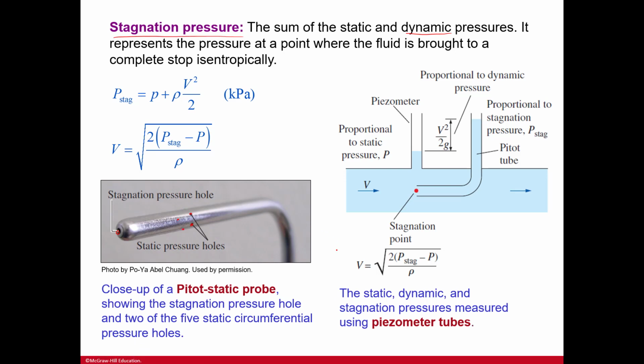Okay, and then here the static, dynamic, and stagnation pressure measured in a piezometer tube. So here you can see the piezometer, and this is the stagnation point, and then you have the pitot tube, and then P stagnation, and then pressure, and then you can use this formula as well.